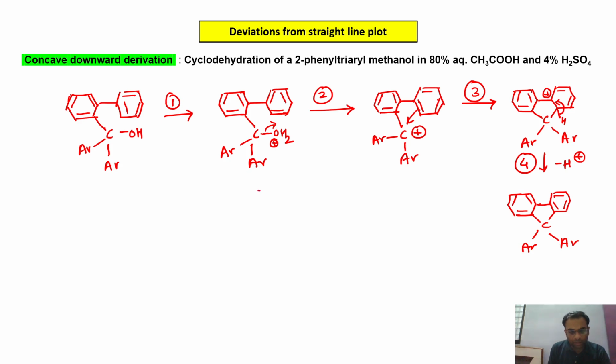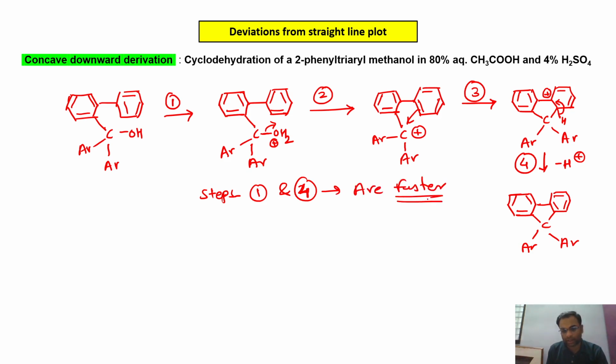Now among the four steps, the first and fourth are faster, as they just involve protonation and deprotonation, that is, loss of proton or addition of proton is taking place, and therefore steps number 1 and 4 are faster.